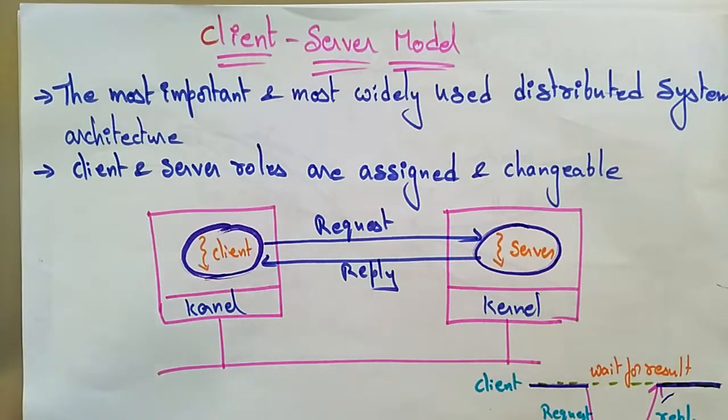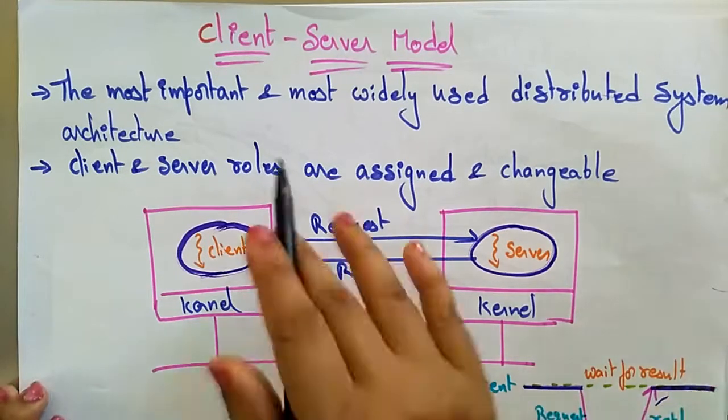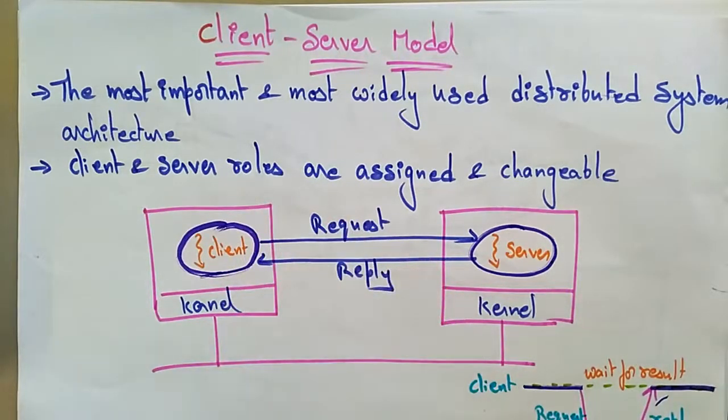If your college lab has lab systems, all of them are connected to a server. It's a client server model. One system acts as the server and the others act as slaves, the master and slave model.